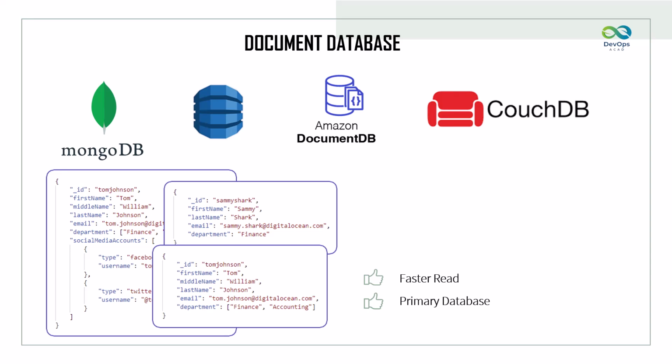As a matter of fact, these kinds of databases are actually used for mobile applications, game apps, and of course some content management use cases and websites. You can also use a document DB as the primary database.